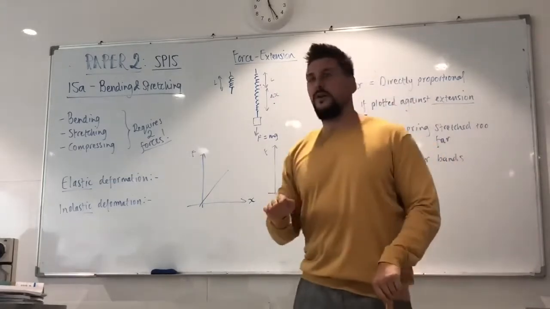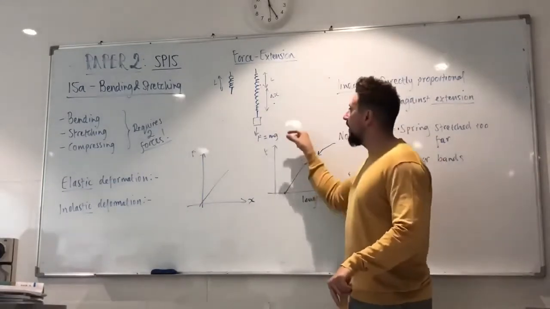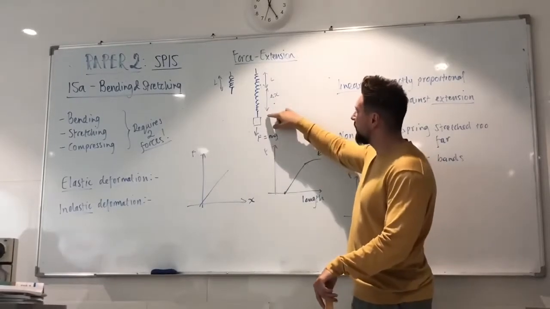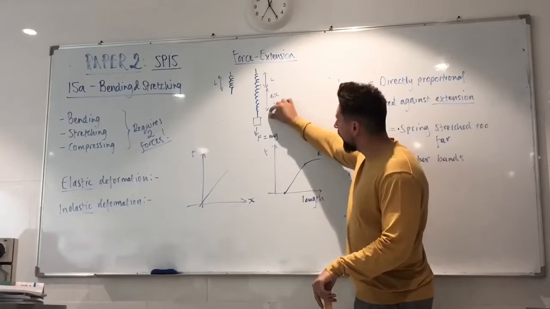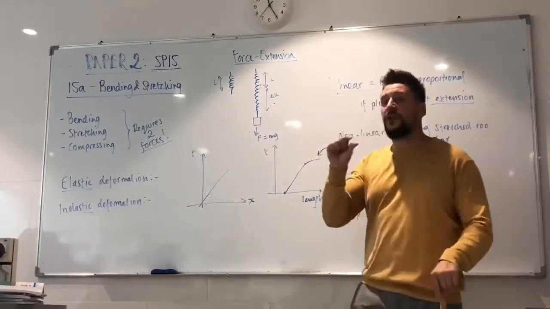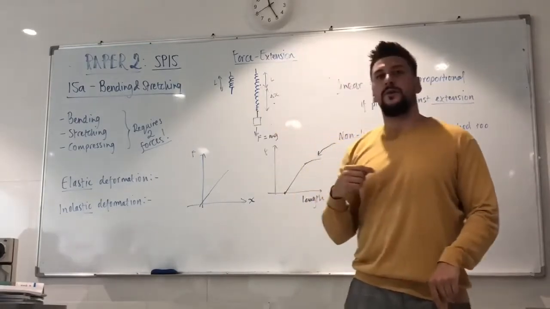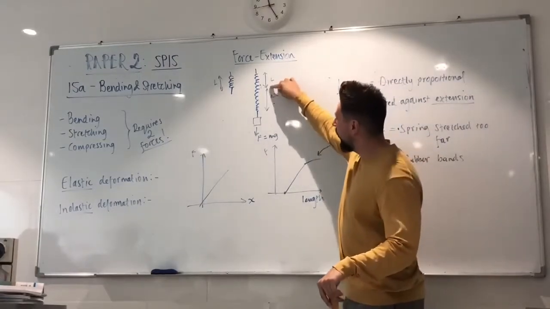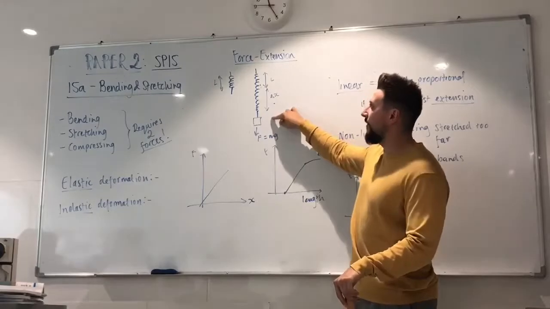Just make sure you subtract the original length, or you bear in mind that the extension is only the change, okay? Because if I add one more plate here, and therefore I increase the force by another 10 grams times gravity, then it will go down a little bit more. Again, the extension is only going to be the change from the previous point. It's not then, the extension in the second case is not all the extension from before and then the extra.